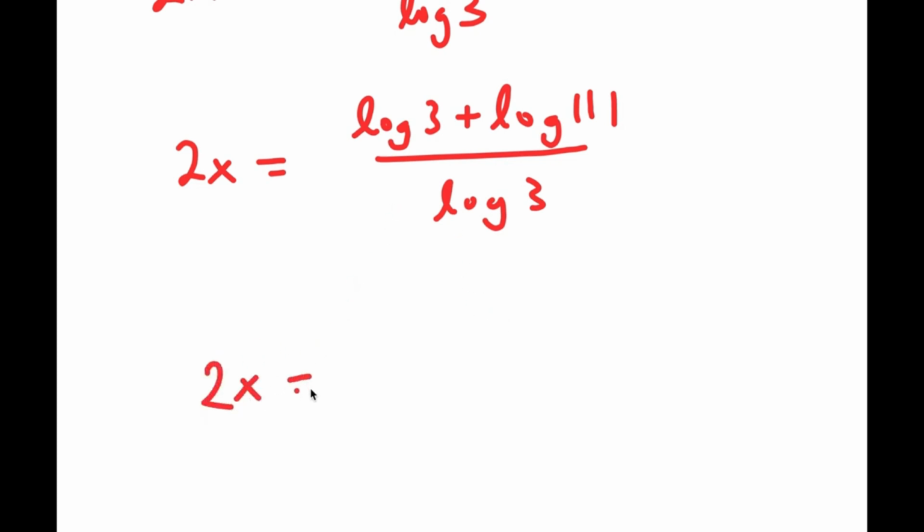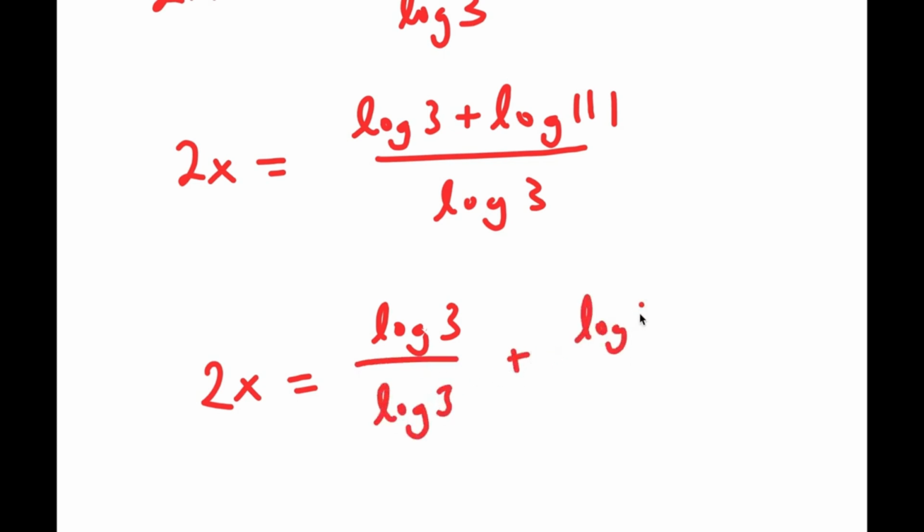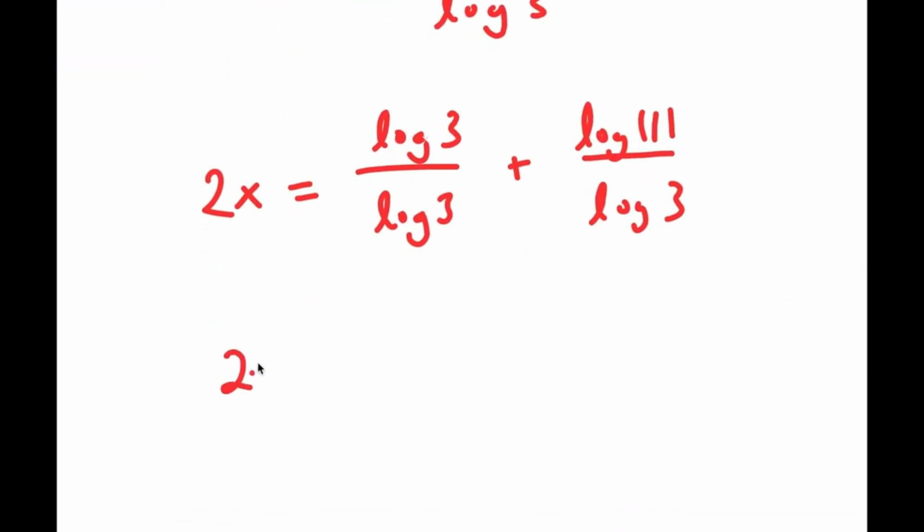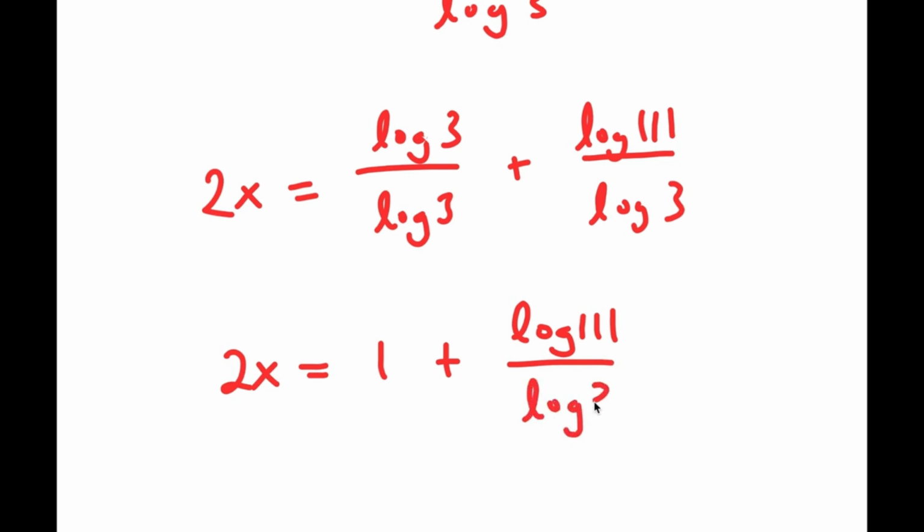Now this is the same thing as log 3 over log 3 plus log 111 over log 3, which is equal to 1 plus log 111 over log 3.